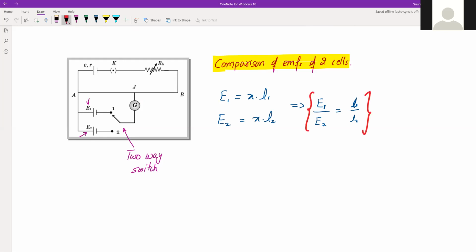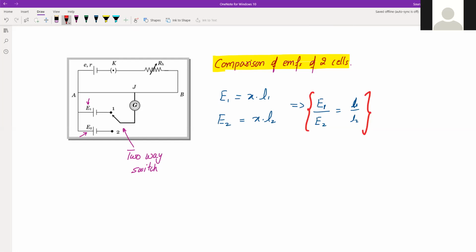So in the lab, what we are going to do is find one length for E1, keeping E1 in the circuit, then change the switch to connect E2 in the circuit and find L2. Out of these four things, L1 and L2 we are going to find experimentally.